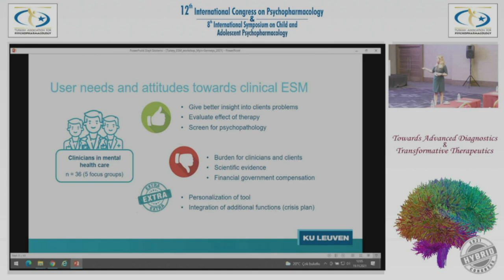They also wanted additional functions, such as a crisis plan, so that when people indicate that they have lots of symptoms, a crisis plan is presented to them on the phone. Also, this is one I just missed as a positive thing: screening for psychopathology, which is a bit in line with what you said, keeping an eye on your patients, both when they're with you, but also at times when you're not seeing them.